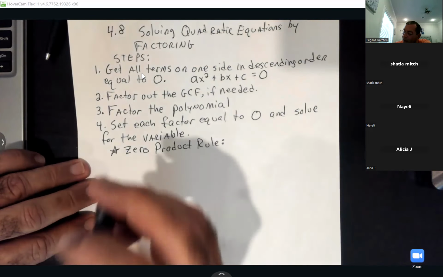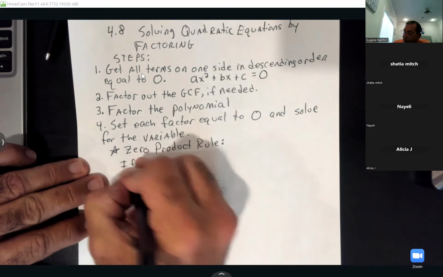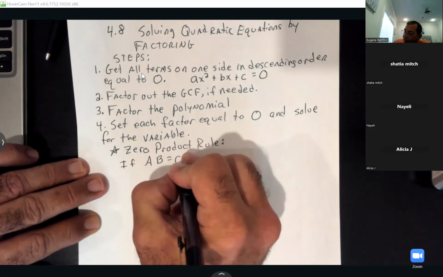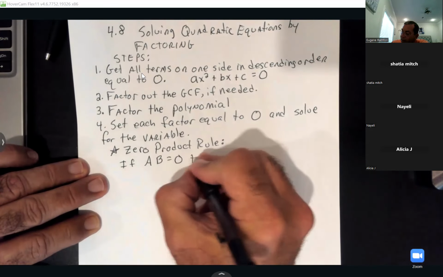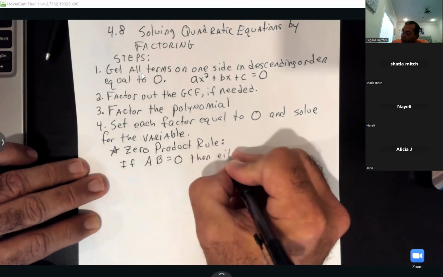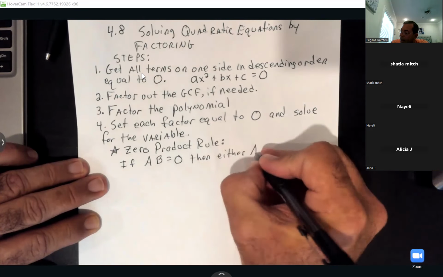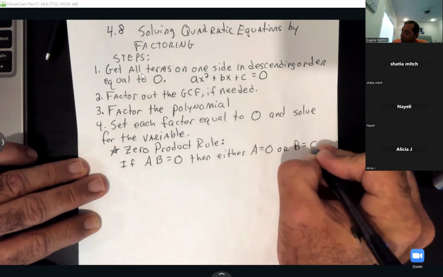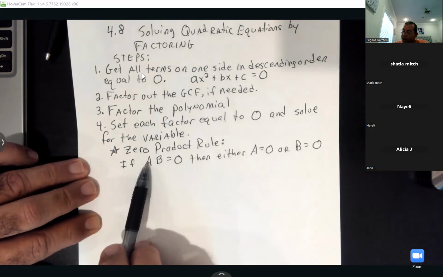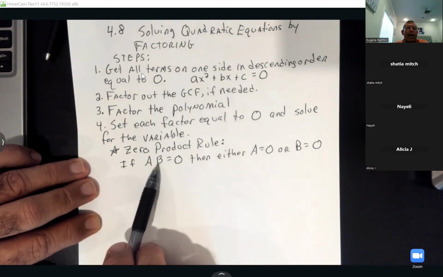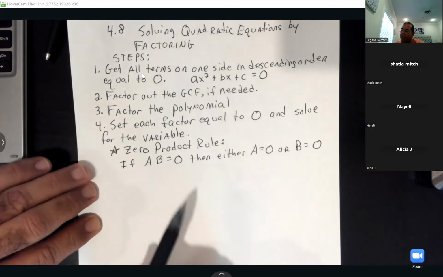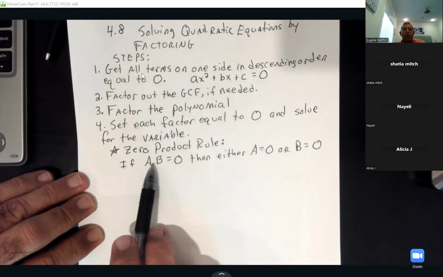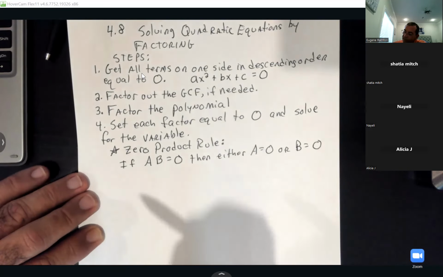And the zero product rule says if A times B equals 0, then either A equals 0 or B equals 0. If any of my factors is 0, when you multiply, you will get a 0. So that's how we can set each of our factors equal to 0, is we're invoking this zero product rule.